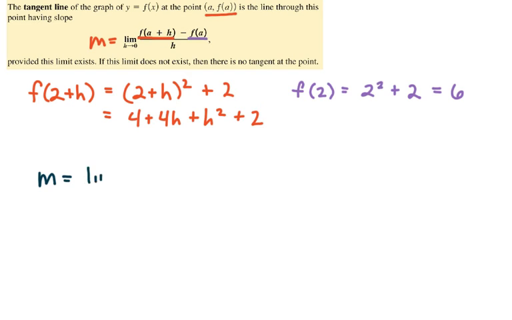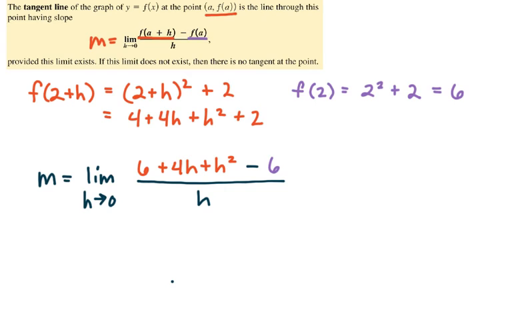M equals the limit as h approaches 0. 4 plus 4h plus h squared plus 2, the 4 and the 2 give me 6, plus 4h plus h squared, minus f of 2 is 6, all of which needs to be divided by h. If I look at plugging 0 in for h, I can't do that right now. So this is where we have to cancel that.